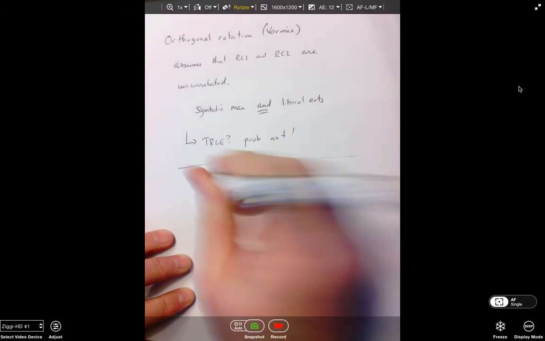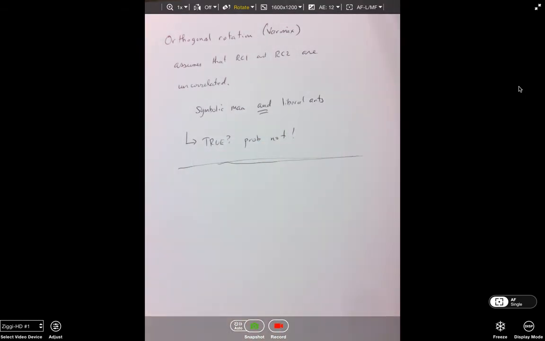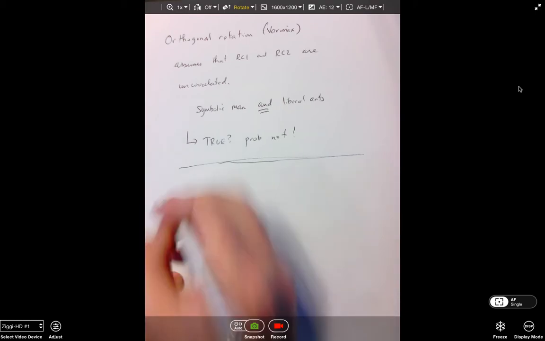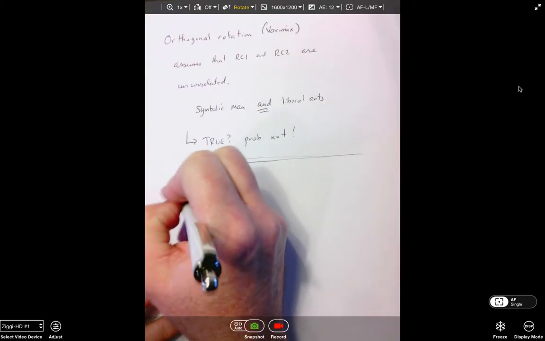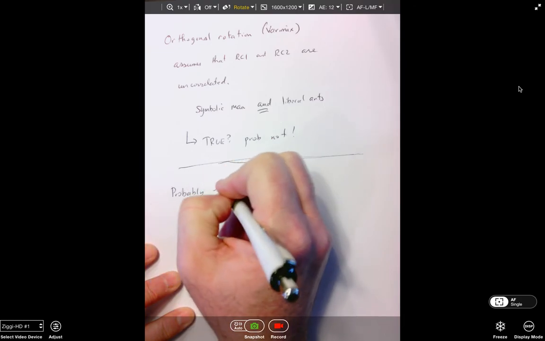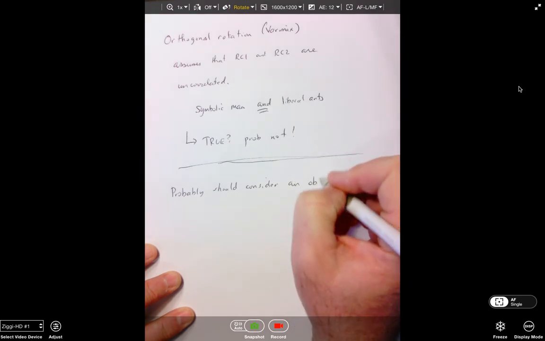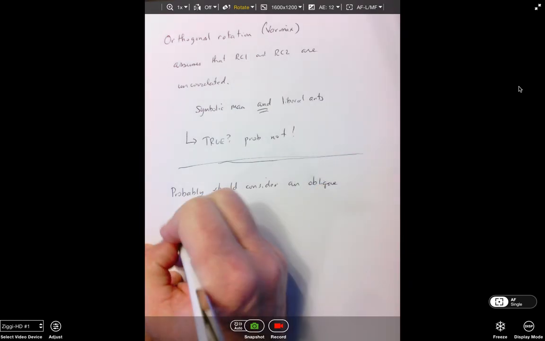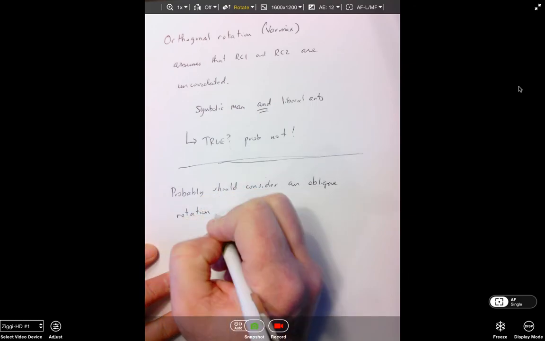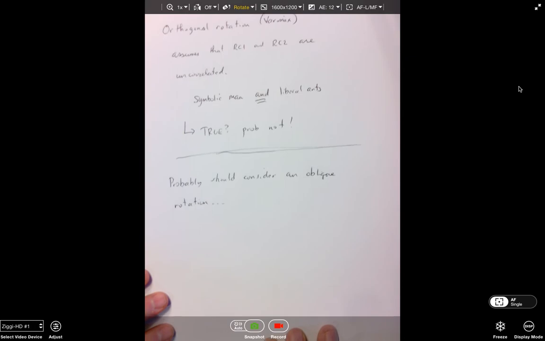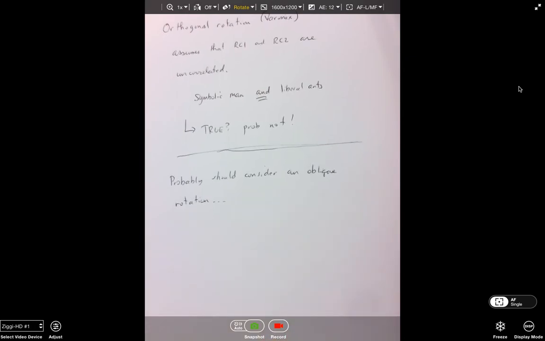And when you can justify that your components probably are correlated, then you get into a situation where you may consider a different type of rotation. Now, guys, orthogonal rotation just says that we turn things, think about it simplistically, 90 degrees.